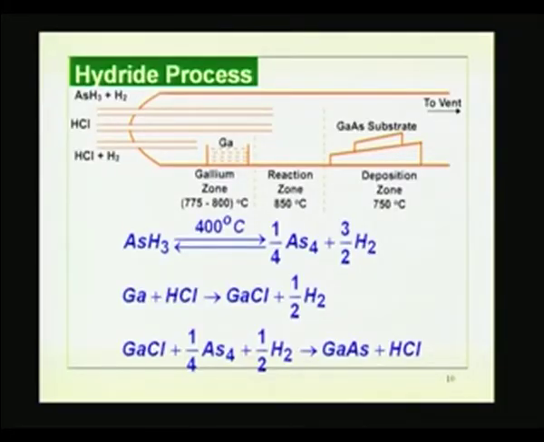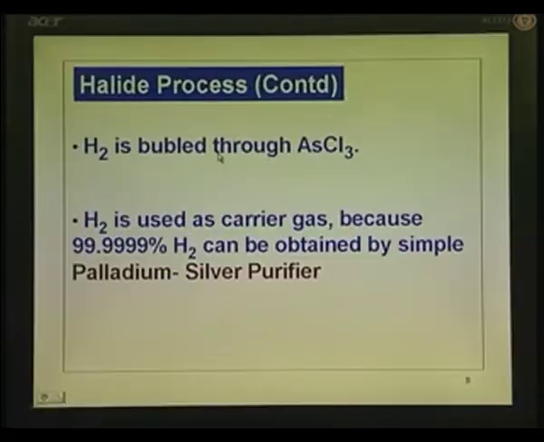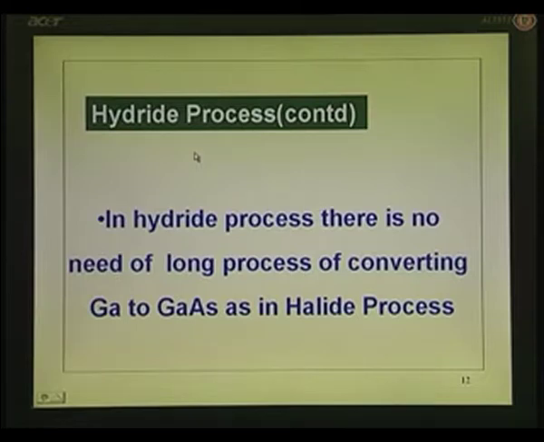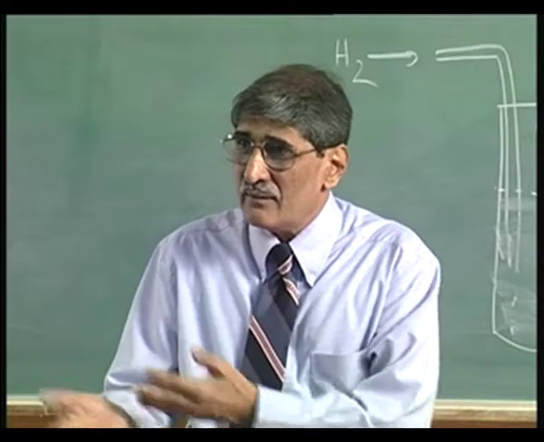Straight away gallium chloride is released by the reaction of HCl and gallium. In the previous process, you release gallium chloride by the reaction of arsenic trichloride, with gallium arsenide formation. That step is not there in the hydride process. You do not have to wait for that gallium arsenide crust to form on gallium. Straight away pass HCl, and that will convert gallium to gallium chloride.